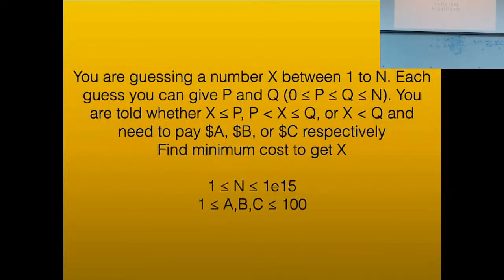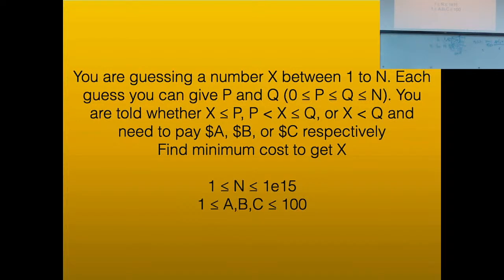So you are guessing a number x between 1 and n, and for every guess you can give p and q. The range is that p and q must be between 0 and n, and p must be not greater than q.